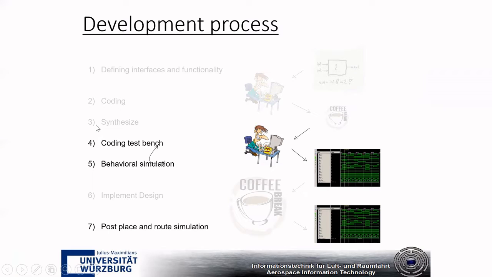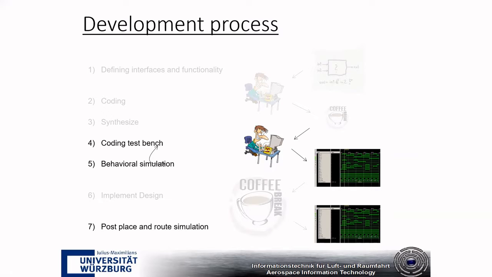So the next thing is the development process. The most important step is the testing of the code. If you have already worked with an FPGA board, then you would have seen that whenever we write the code, after writing it, it synthesizes.